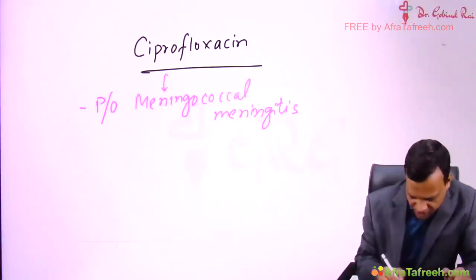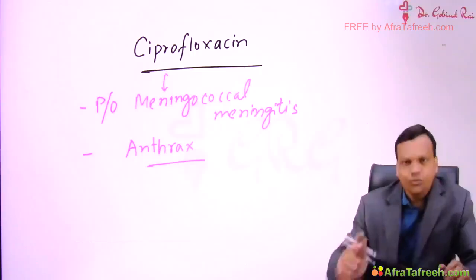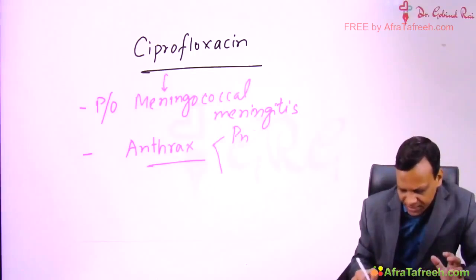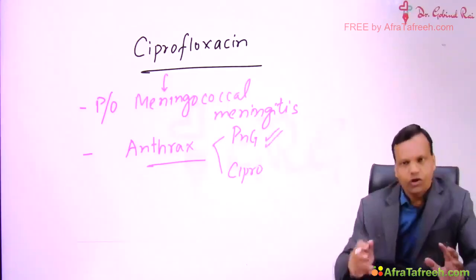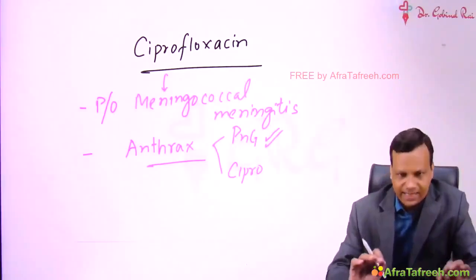Second, ciprofloxacin is also a co-drug of choice in anthrax. For anthrax, we have two main first line drugs. One is penicillin G and the second is ciprofloxacin. Penicillin G is the overall drug of choice, but ciprofloxacin is also a first line drug for anthrax.